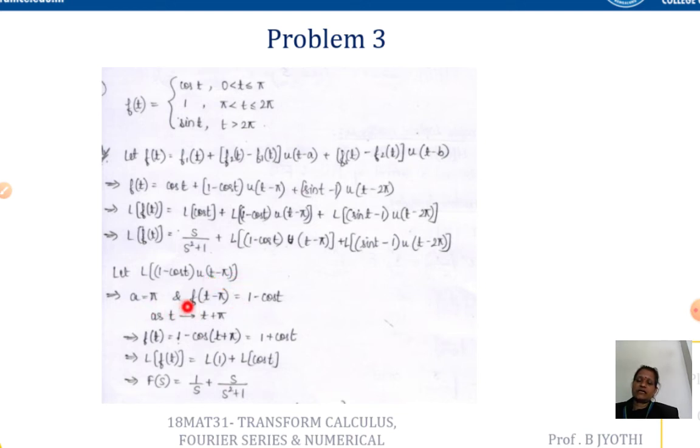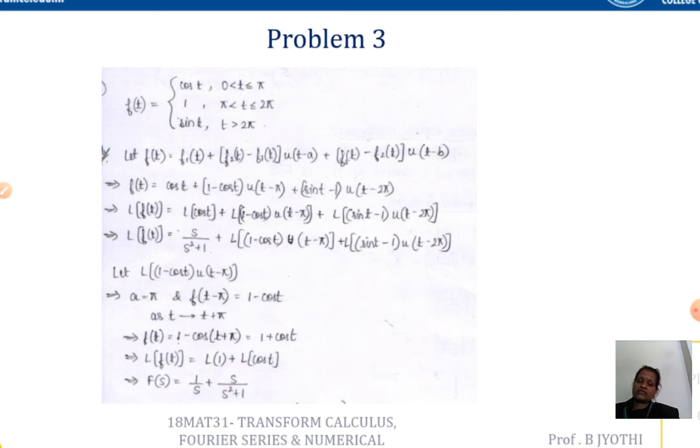So a is pi, so f of t minus pi will be 1 minus cos t. As t tends to t plus pi, f of t will be 1 minus cos of t plus pi. That will give us 1 plus cos t, because pi plus something will be in the third quadrant, where cos is negative, therefore negative into negative is positive. So it will be 1 plus cos t.